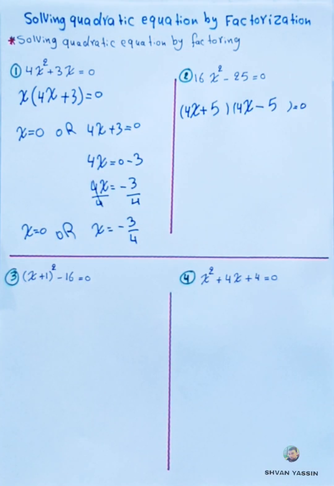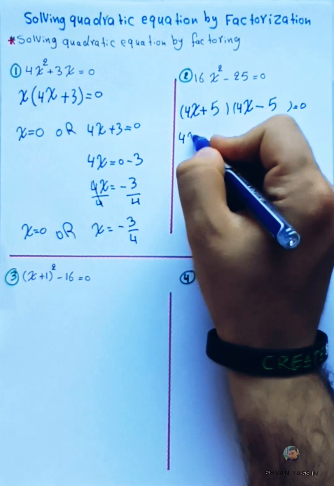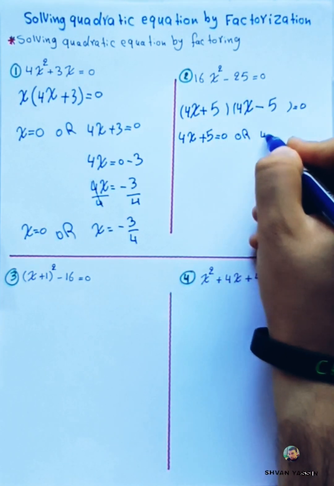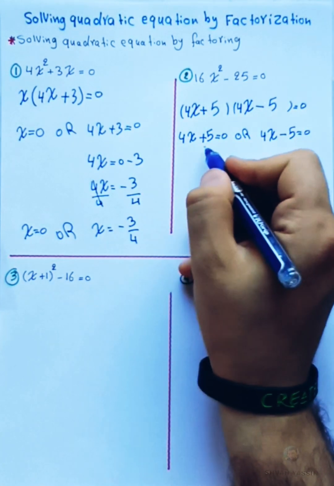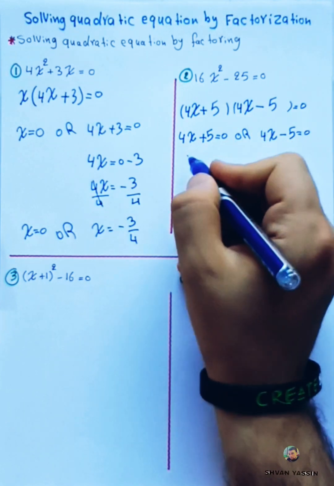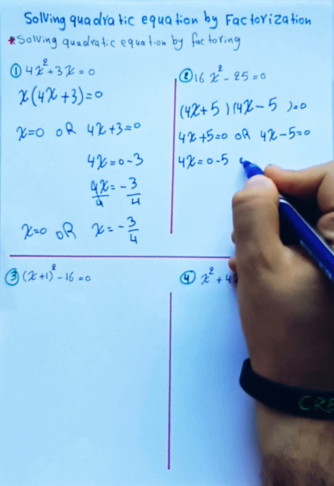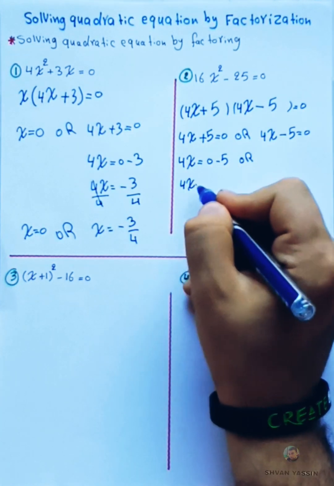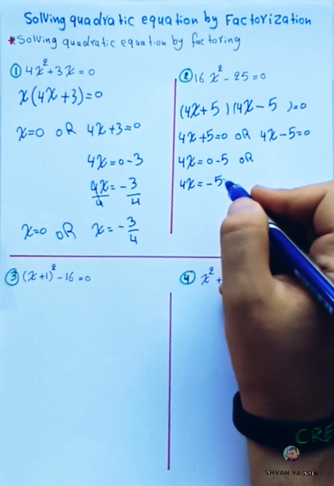After that you have to set each expression equal to 0 and then solve for the value of x. So 4x plus 5 equals 0, or 4x minus 5 equals 0. You have to change the place of positive 5 to the right side, so 4x equals 0 minus 5, and 0 minus 5 equals negative 5.